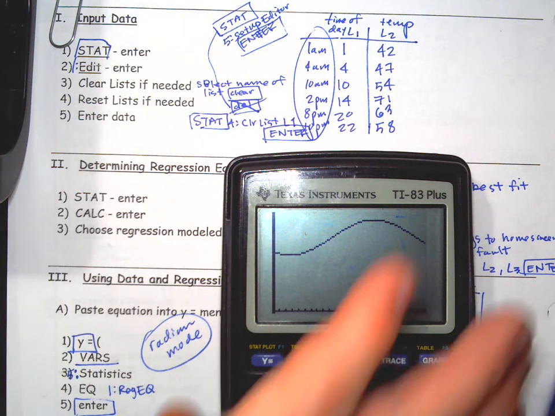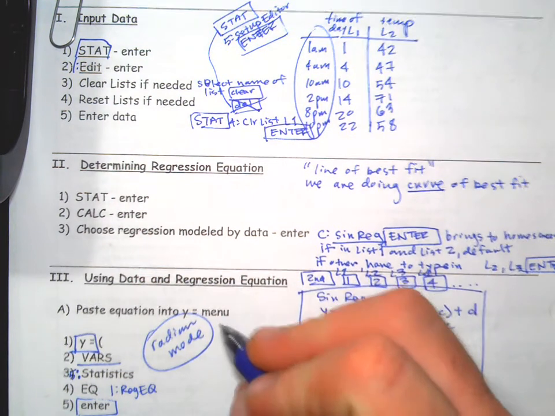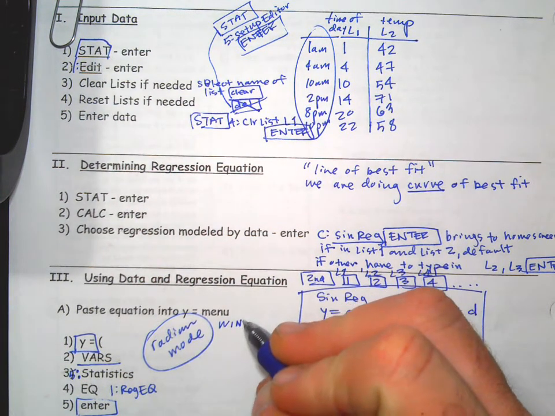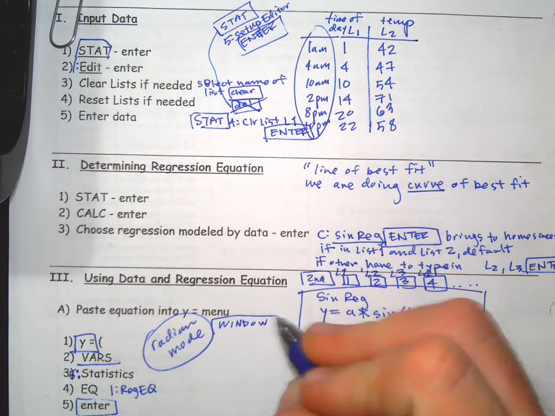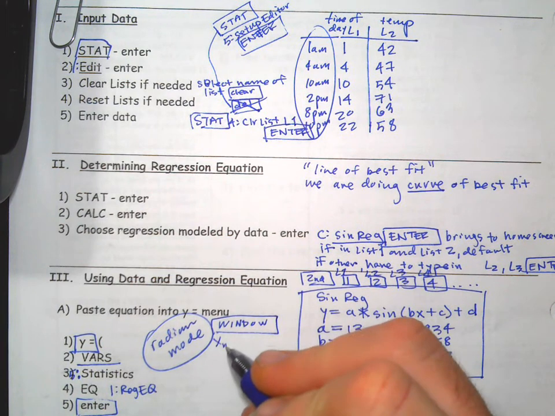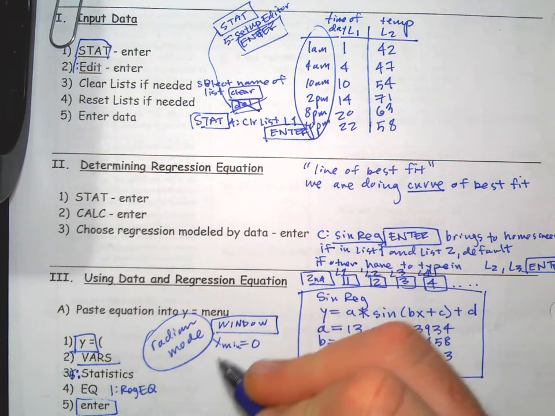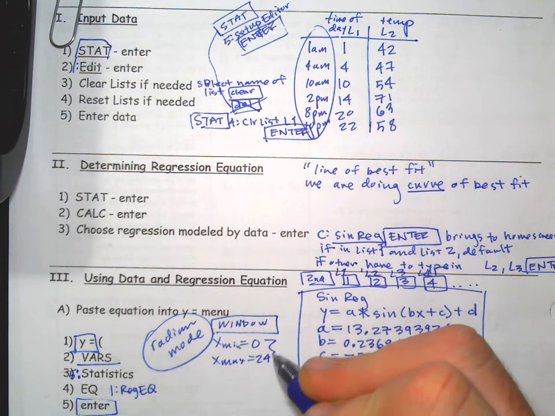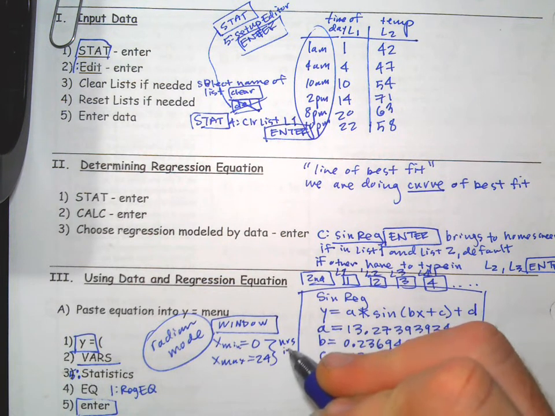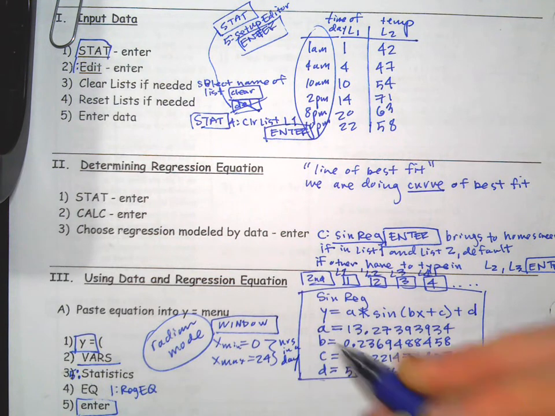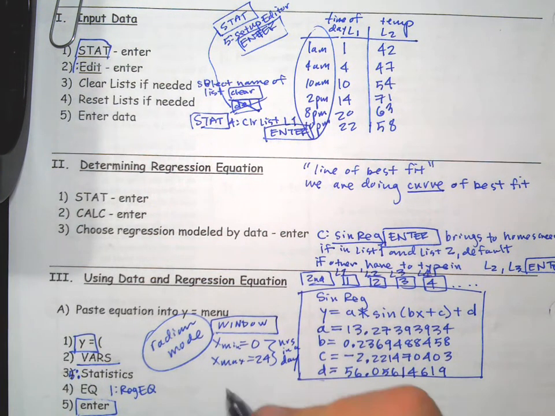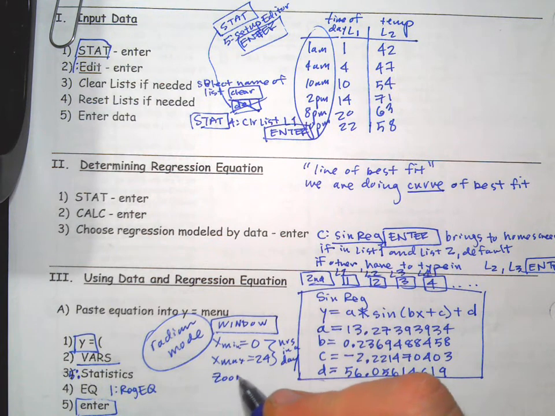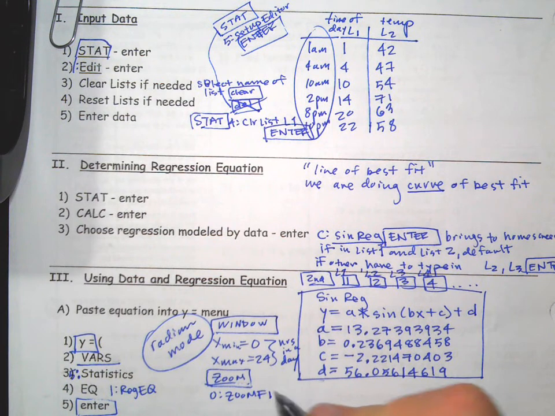So let's write some little notes down here. We're going to go to window, always go to window, and say x min is 0 and x max is 24, because this is a word problem and we're dealing with hours in a day. So that makes sense. If we're doing days of the year, I'd say 0 to 365. Then you could go to zoom and do that option I just told you, zoom fit, which is option 0.